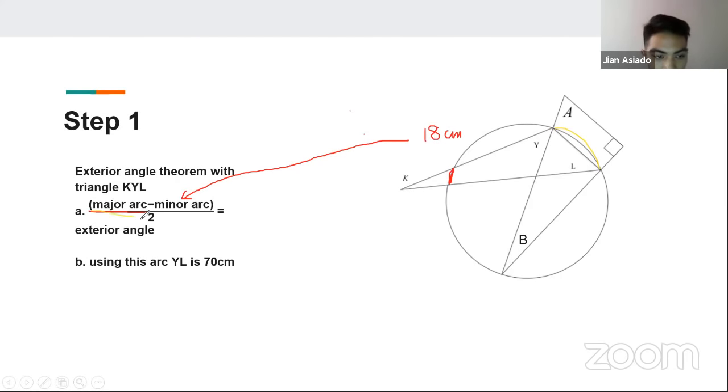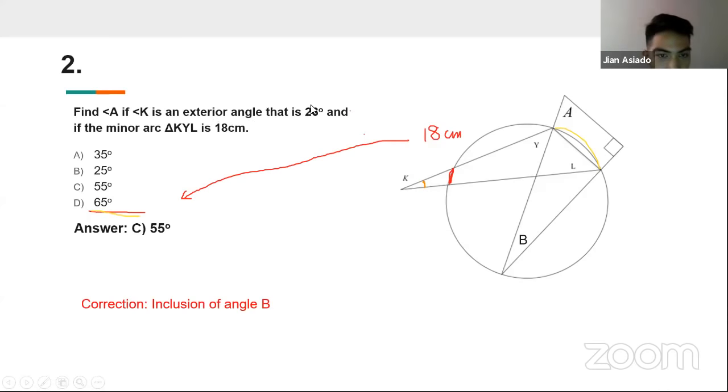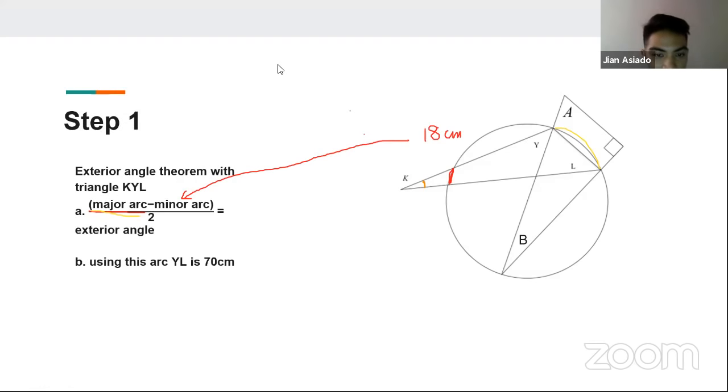So, and then, ito si exterior angle, no? This one. So, this is equal to, given siya sa problem, 26 degrees. Ito, 26. Ngayon, set up natin yung equation, no? Kasi si major arc, siya ay unknown.